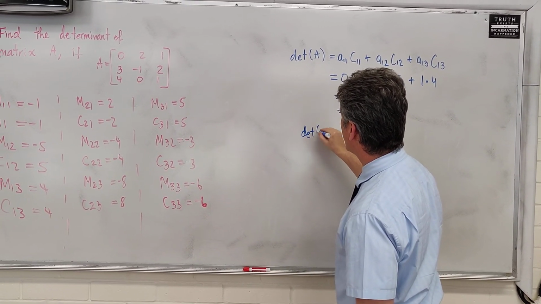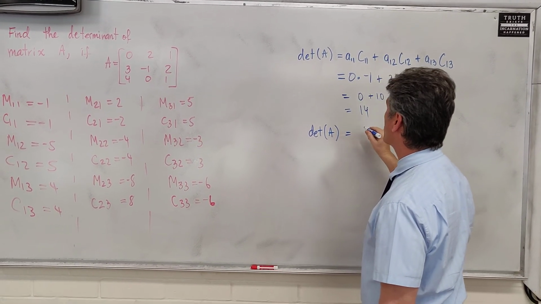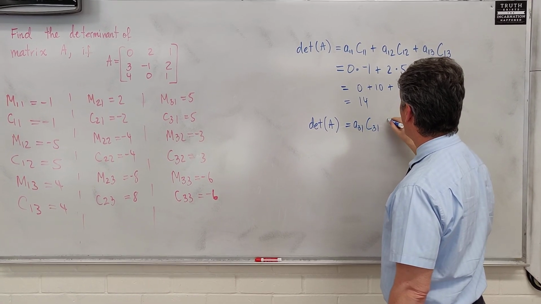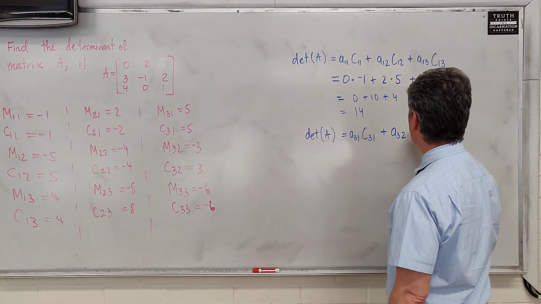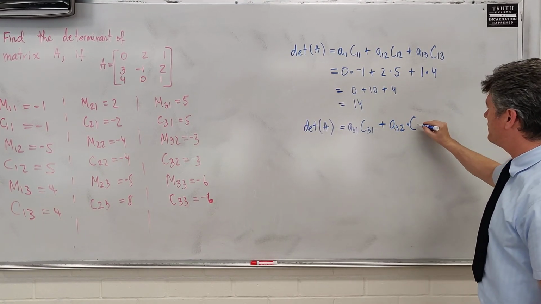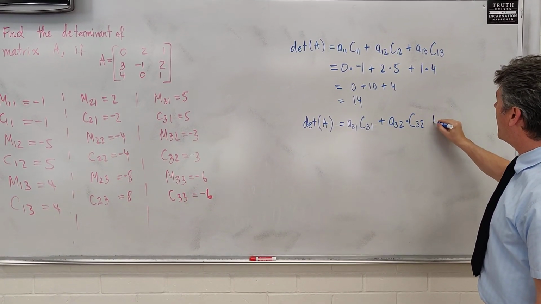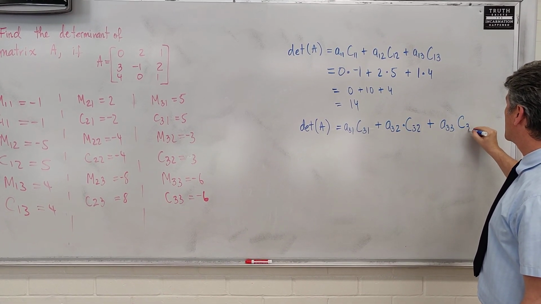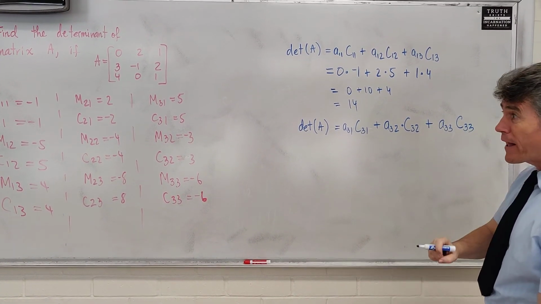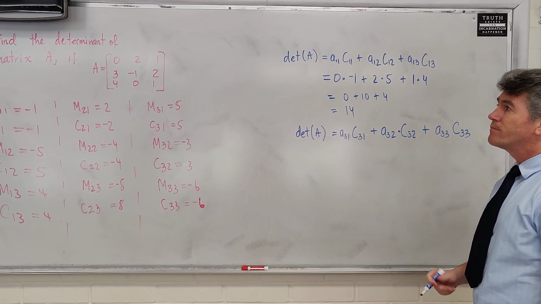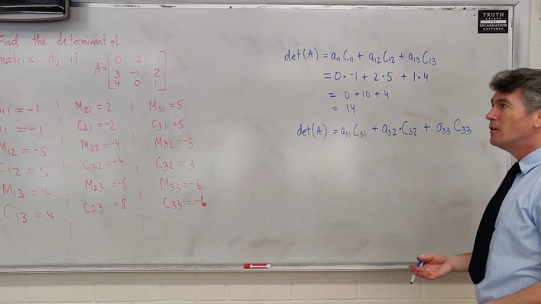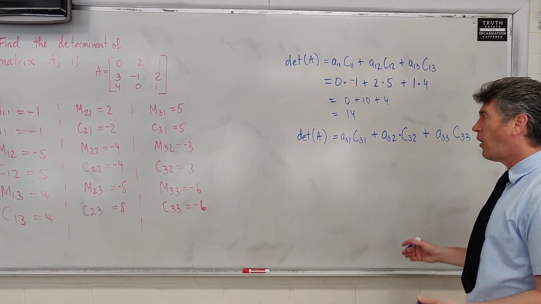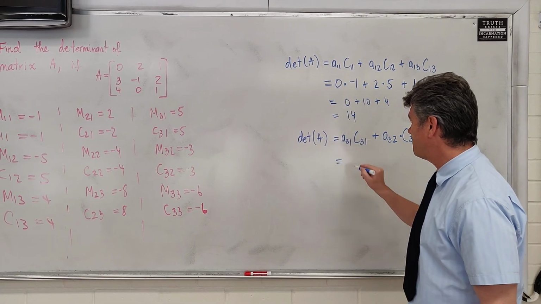So the determinant of the matrix A, we write down what we're going to do: A31 times its cofactor plus A32 times its cofactor plus A33 times its cofactor. Guess what answer we're going to get? Well, it's matrix A. Its determinant better be the same no matter which row or which column we're using. So let's do this.